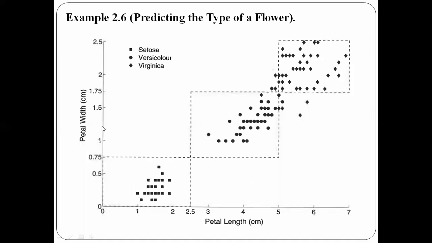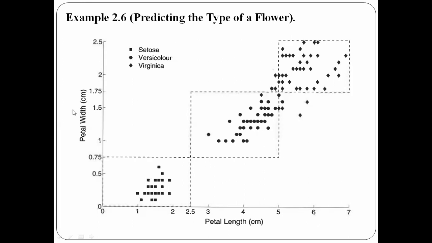Suppose the petal length and the petal width are medium. If you observe the range of this group, petal length is medium because it lies in 2.5 to 5, and petal width is 0.75 to 1.75, which is also medium.